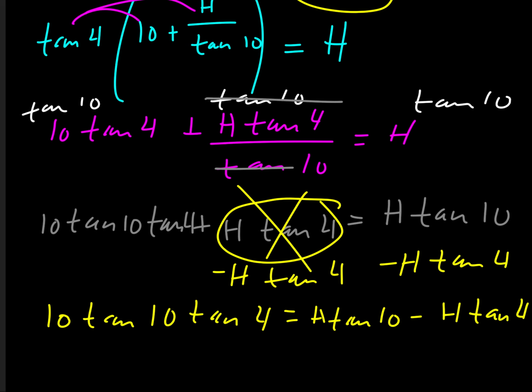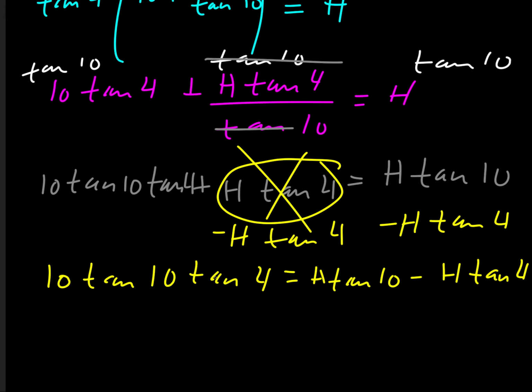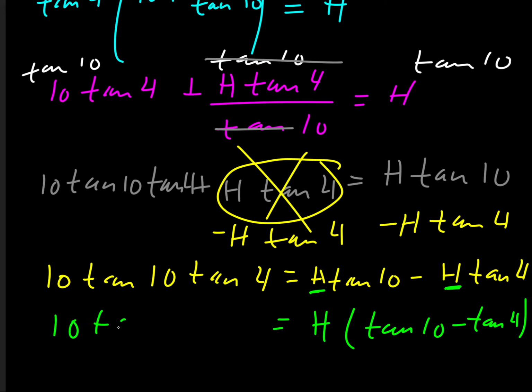Now, at any point, you can turn these into decimals and work with them. I actually prefer it this way, but okay, this has an h in it, this has an h in it, so we're going to factor that out. So we just have tan 10 minus tan 4, and then we have all this the same.